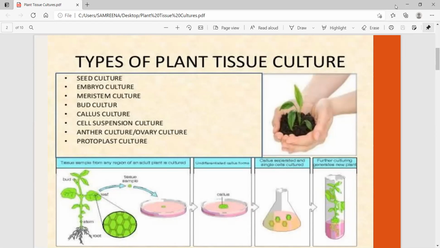So here in this diagram, the samples can be taken from the leaf. From the samples, we get the callus. Then the callus is placed in the liquid medium, or placed directly on the slant where new plants are formed.